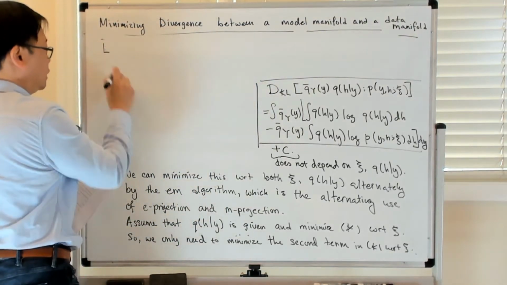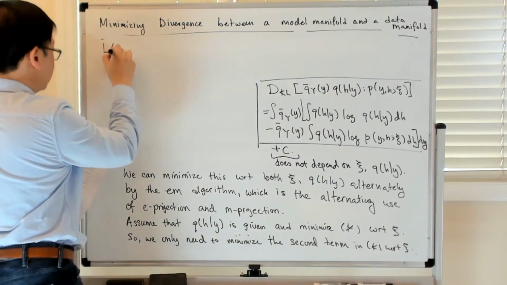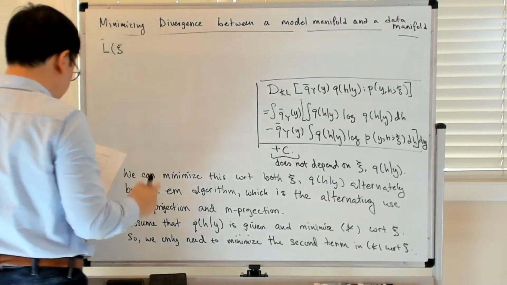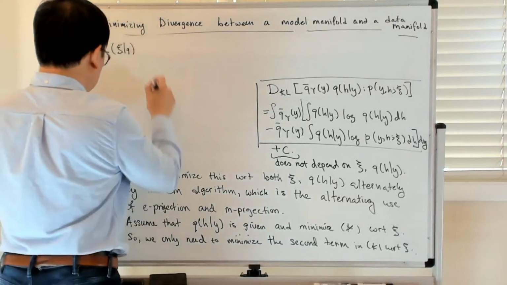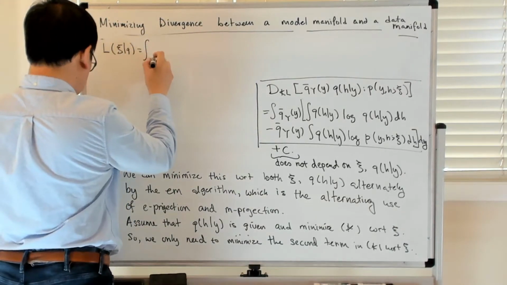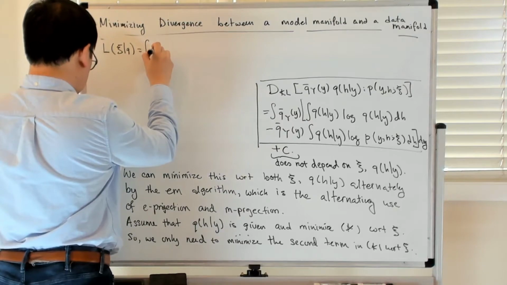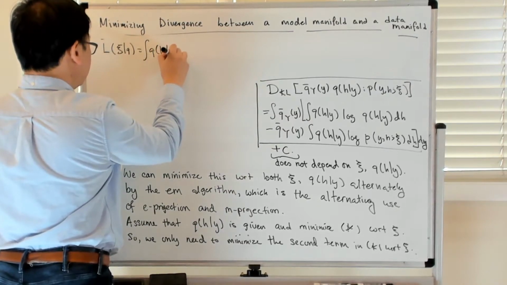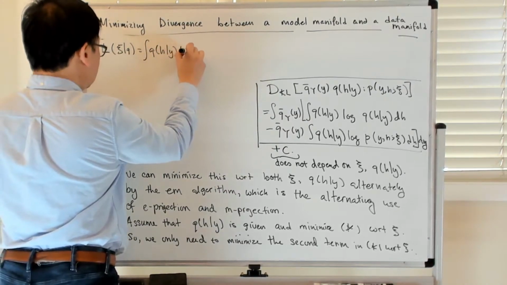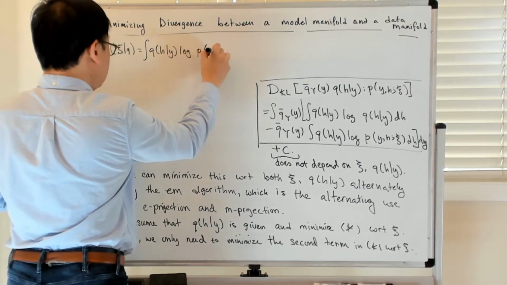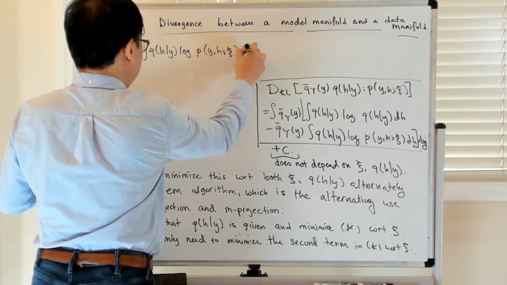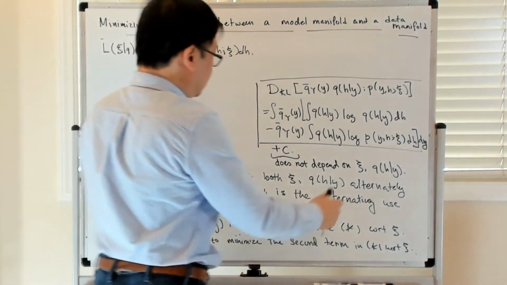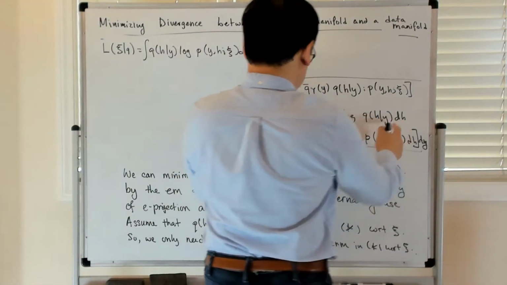So I'm going to look at some term L, which is dependent on C and is conditioned on Q. This is equal to the integral of Q(H | Y) log of P(Y, H; C) dH.